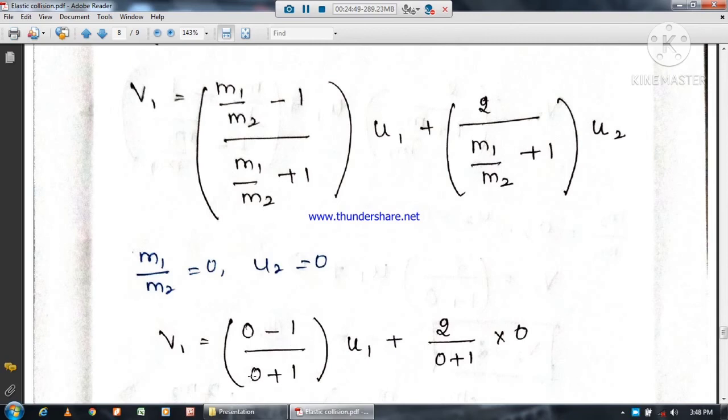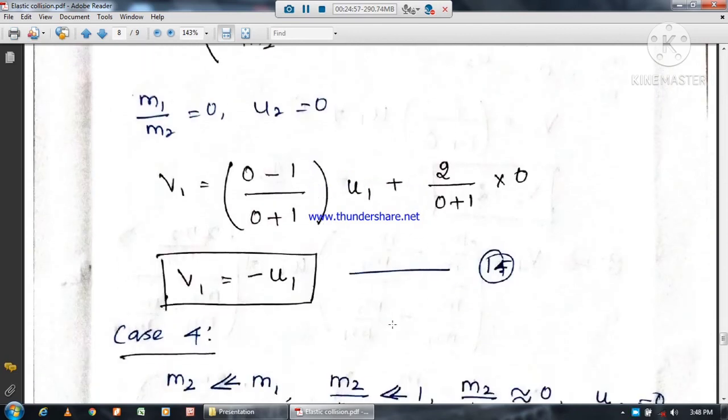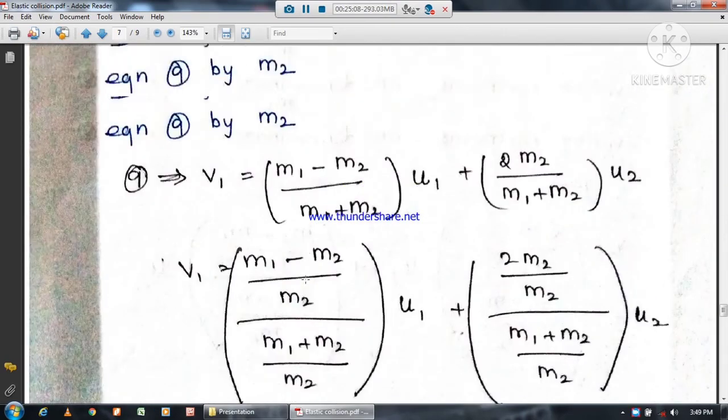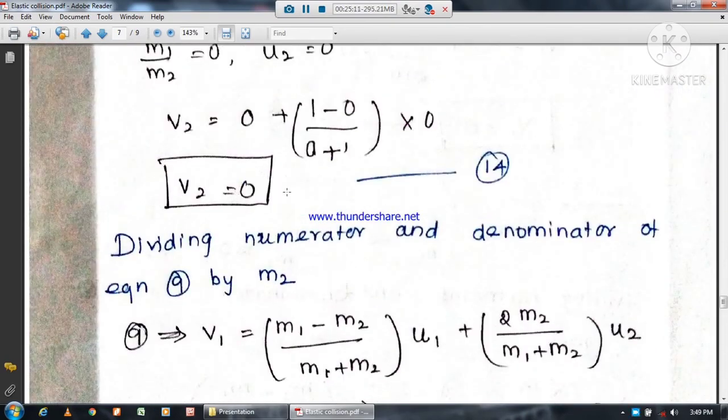We get v1 is equal to, this term becomes 0, so 0 minus 1 divided by 0 plus 1 into u1, plus u2 which is 0, so this total term becomes 0. So v1 is equal to minus u1, that is v1 is equal to negative u1.